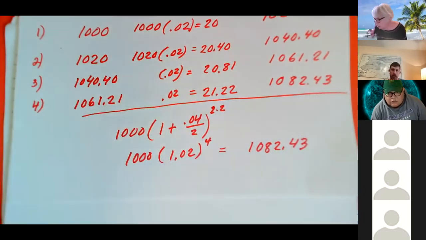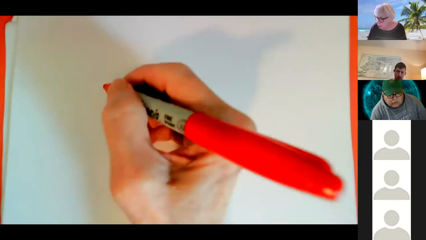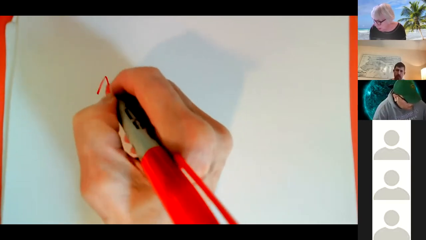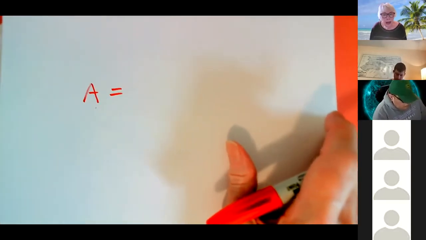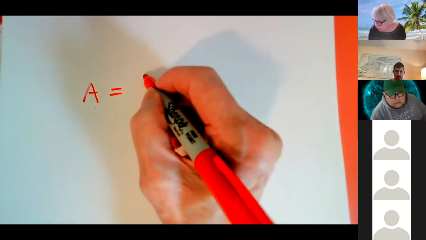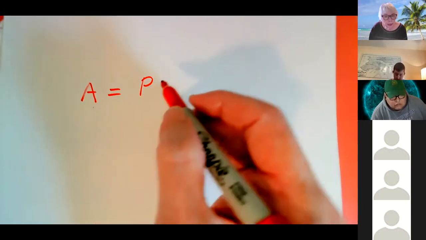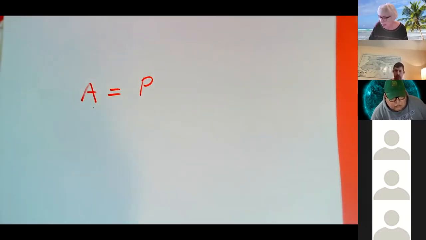So this formula is the direct way to do it. And what I want you to do is to see the future value. This is the formula that works for compound interest: the first amount, the principal or the present, the starting value.